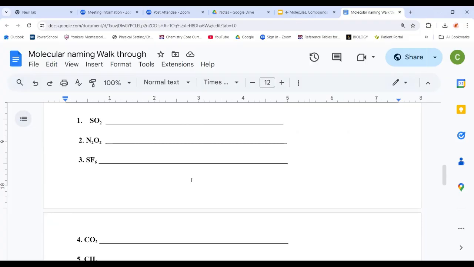Okay, I do have a list in some of the slideshows that help you with some of the trickier ones, because phosphide and sulfides get a little bit difficult for some people. The more you practice, the more you're just going to get used to it. So this one is sulfur dioxide. Again, if you wanted to, you could change this to monosulfur.